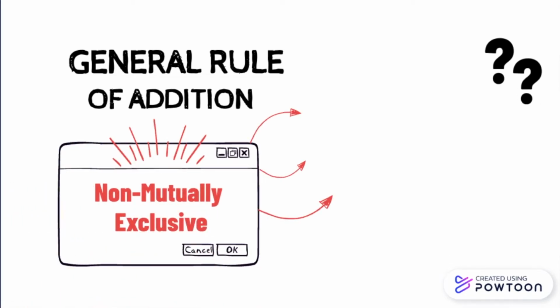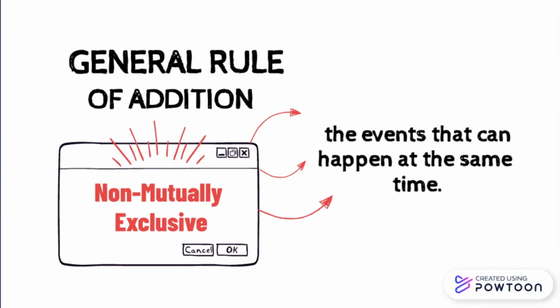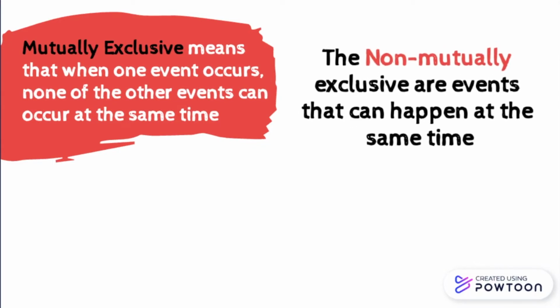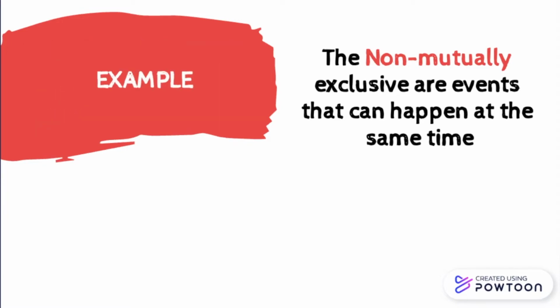Non-mutually exclusive events are the events that can happen at the same time. Recall that mutually exclusive means when one event occurs, none of the other events can occur at the same time. And non-mutually exclusive events are the events that can happen at the same time.